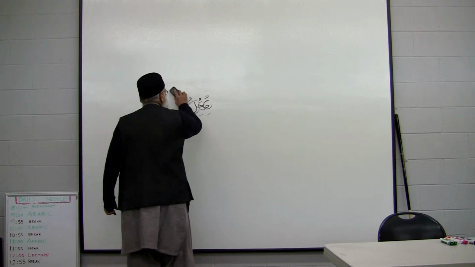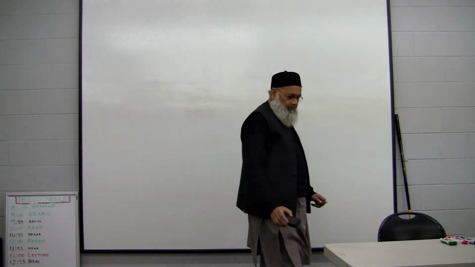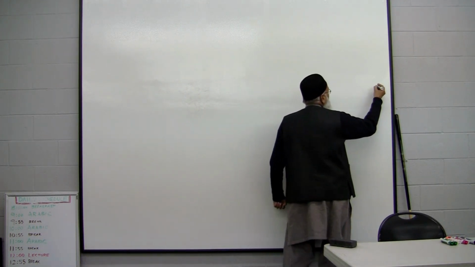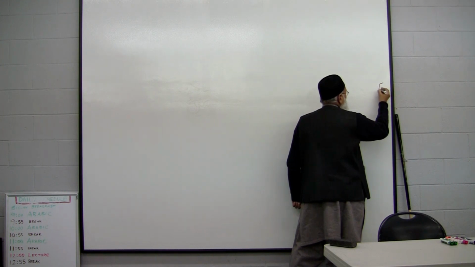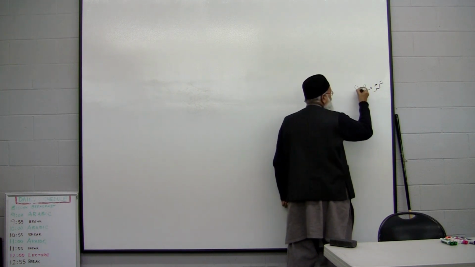Now we have a chart. First of all, of Bab Karoma. Karoma, as abbreviation, is called Bab Kaf.